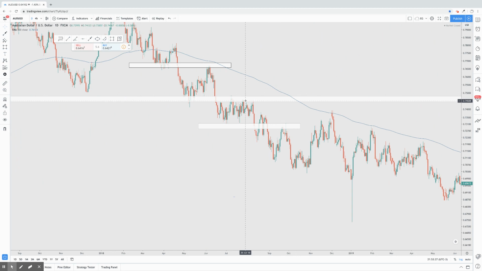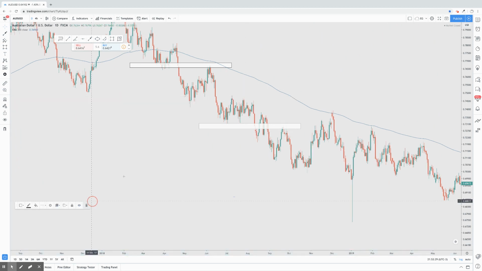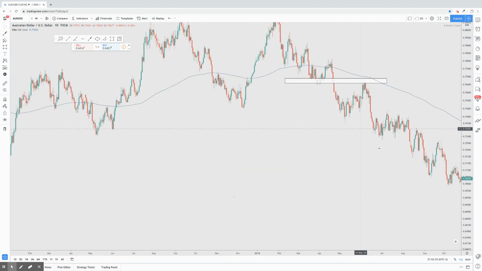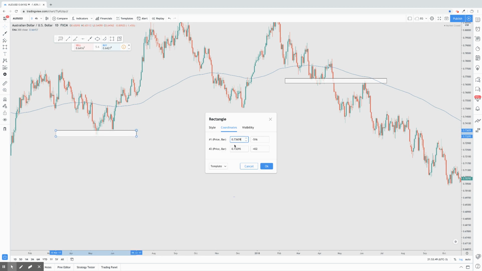And what you can also do, let me do it this way to make it more realistic. I probably shouldn't have drawn them over here because this wouldn't have happened yet. So let's go back and say, okay, this is a previous area of support. Right here, okay. It's the daily time frame, so our boxes are going to be a little bit thicker.